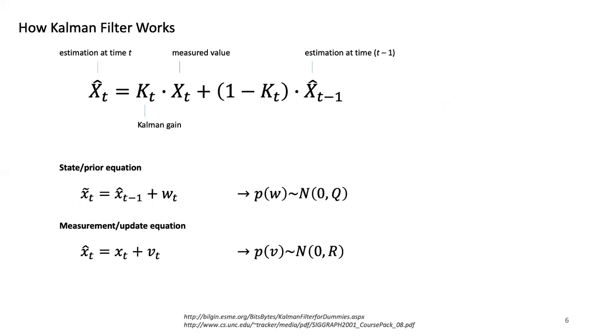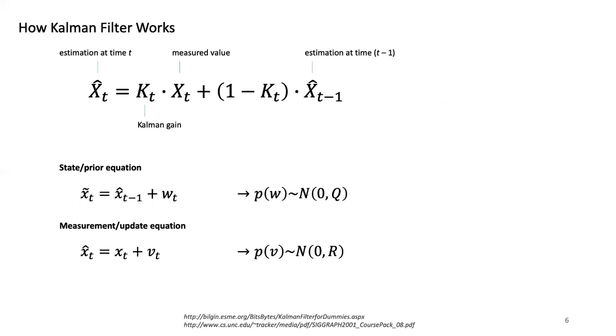So the way this works is we separate out these two ideas. One is the state equation. This has to do with the movement of whatever thing you're measuring. In this case, we're saying the movement is assumed to be stable.